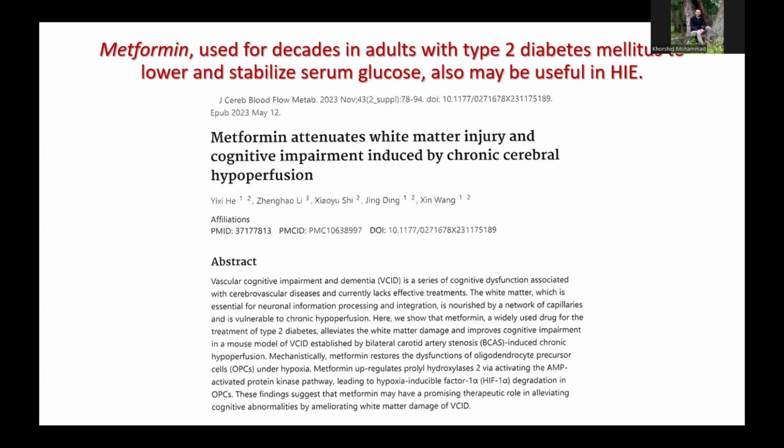It's not recommended yet for routine use in neonates, but it's being investigated and may become an alternative treatment for those who are mildly impaired but not severe enough to require hypothermia.